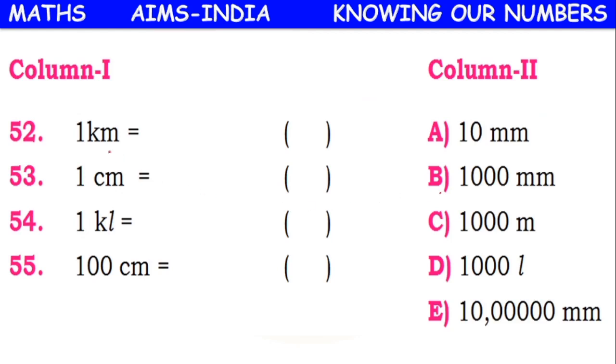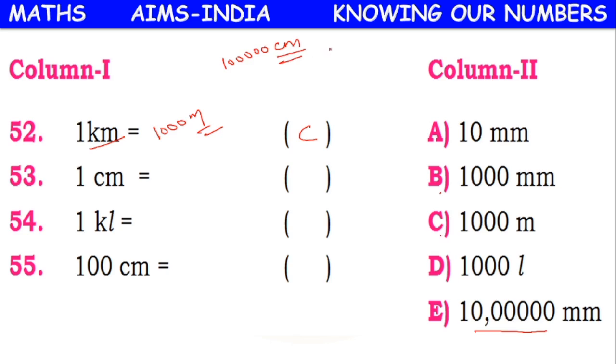Here, 1 kilometer, how much? 1000 meters. So, C option. But 1 meter equals 100 centimeters, so we can write 1 followed by 5 zeros centimeters.